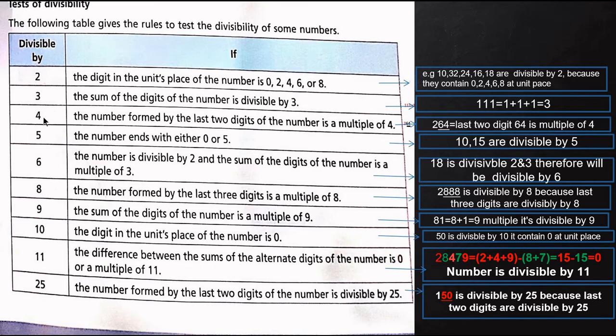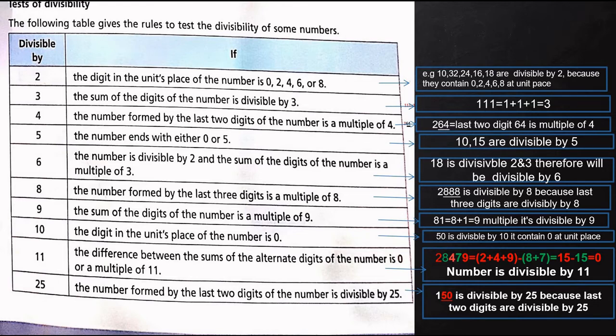Now we test 4. Divisibility of 4: the number formed by the last 2 digits of the number is a multiple of 4. For example, 264 is the number.